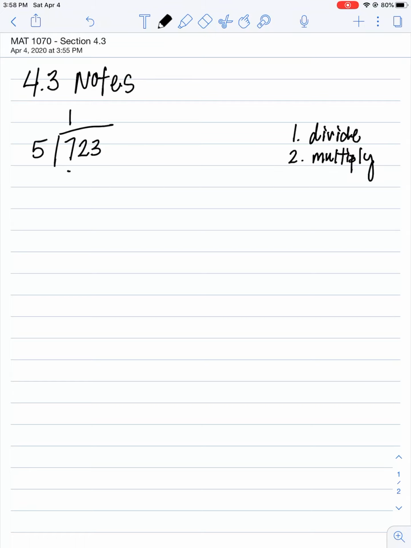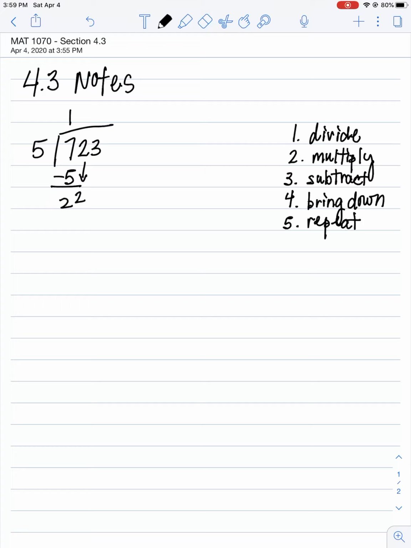The second step is to multiply. 1 times 5 is 5, so we bring a 5. The next step is to subtract. 7 minus 5 is 2. And then the fourth step is to bring down. And so we bring down another 2.